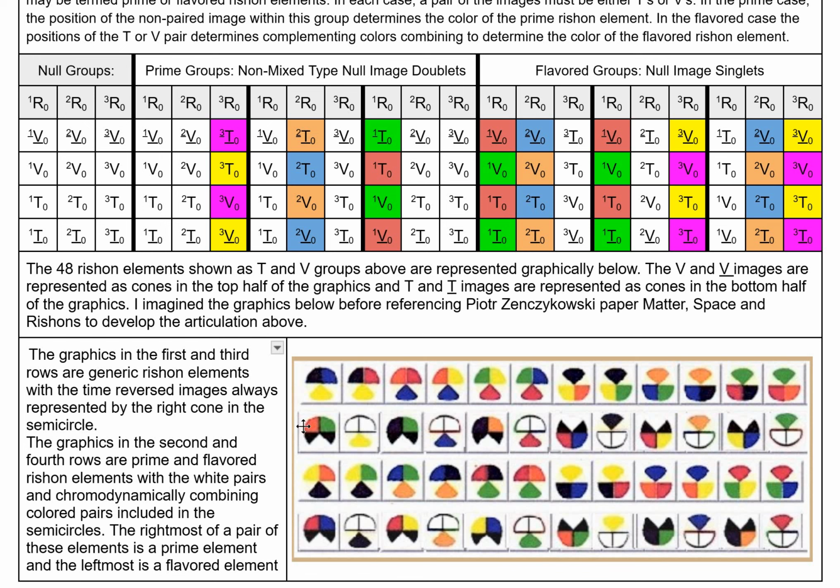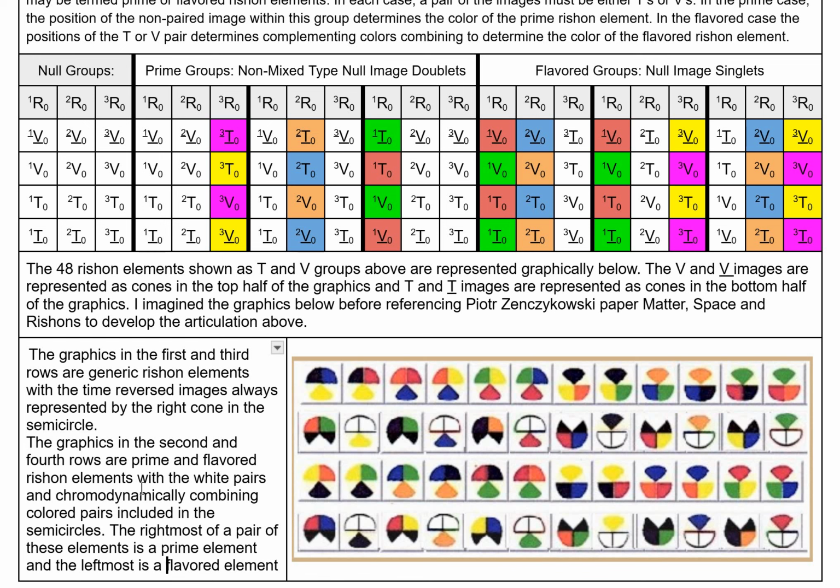And we can see that the chromodynamically combining pairs in the semicircle are here for the flavored elements. And here on the bottom, the leftmost giving you the chromodynamically combining colored pairs.